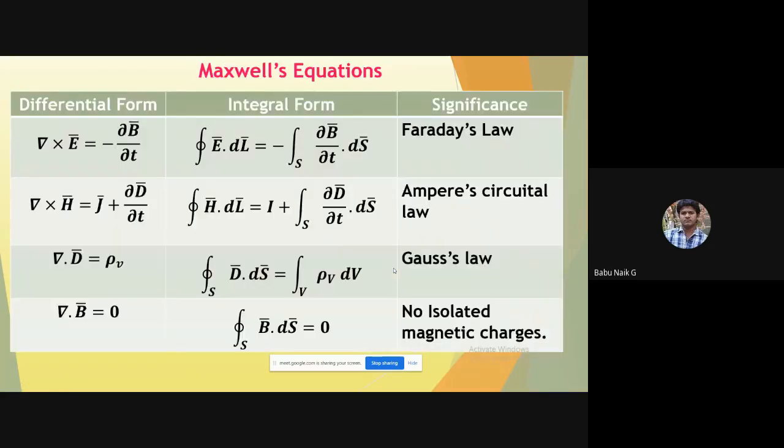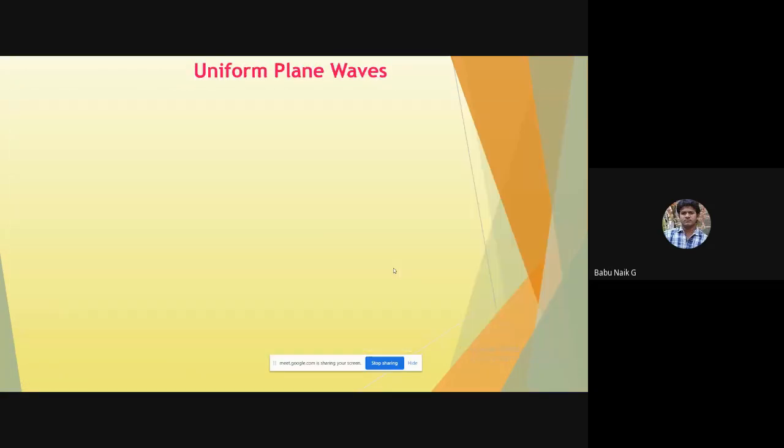Now let us discuss the next topic, uniform plane waves, with all four Maxwell equations.